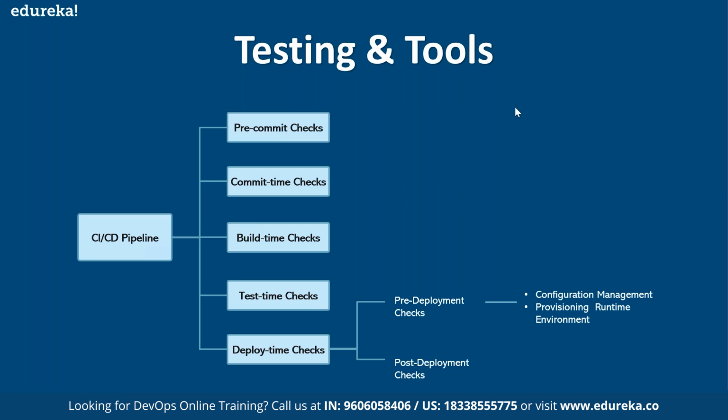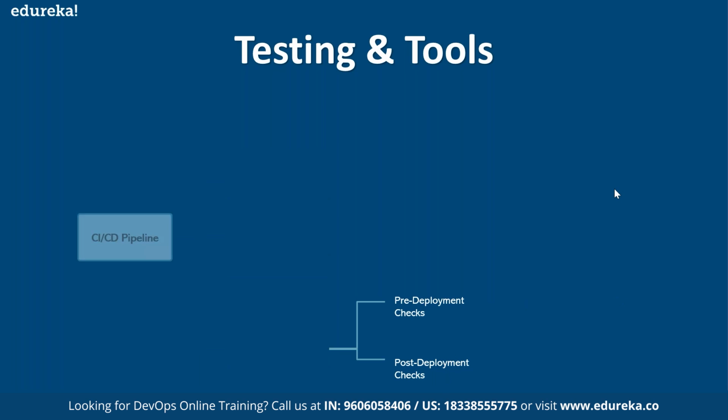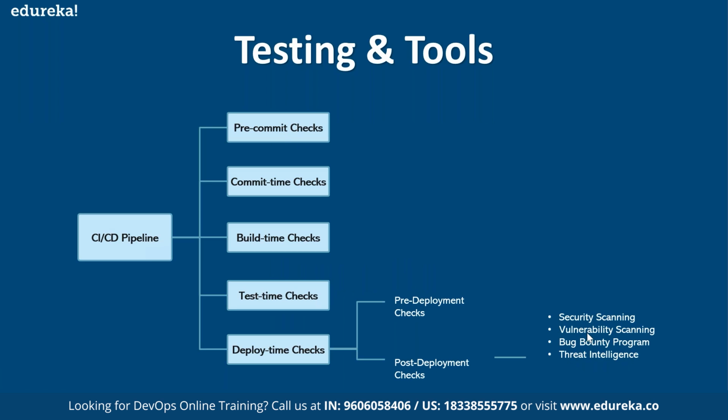On the cloud, right guys? So we need configuration management testing also, because we are not aware where it's being hosted. It might have some security issues. Post deployment, we will have bug bounty program, threat intelligence, vulnerability scanning, and security scanning. That is your application level scanning.